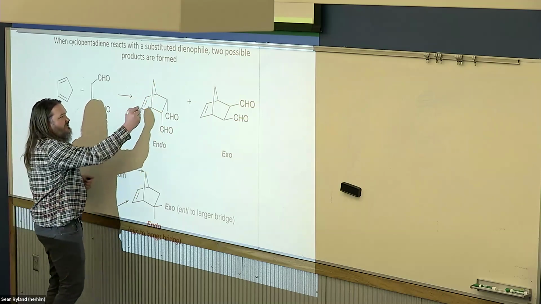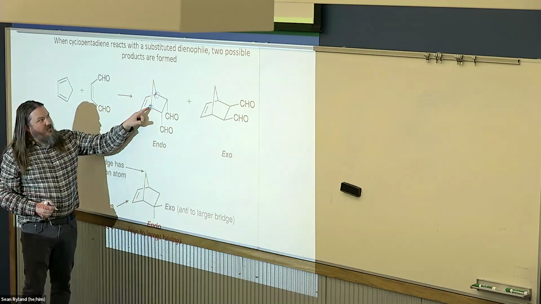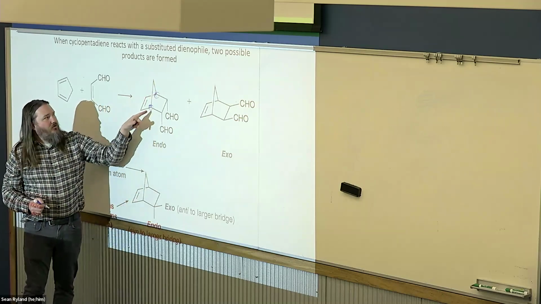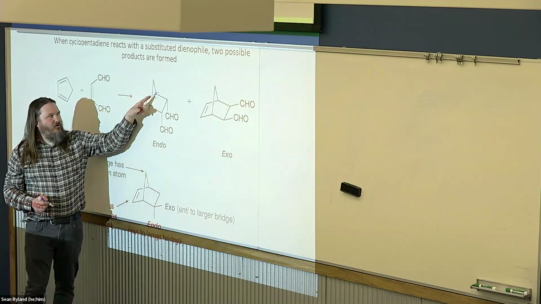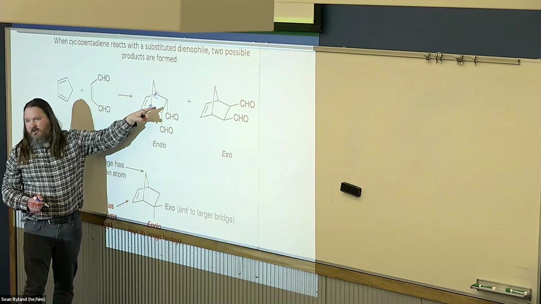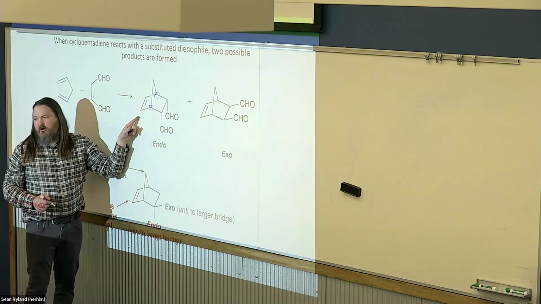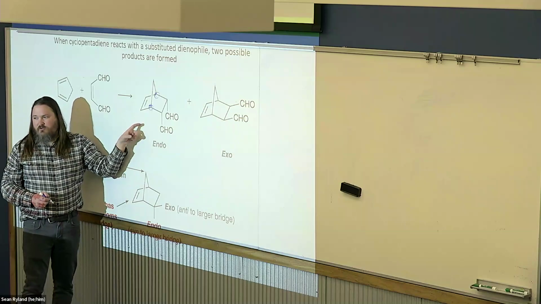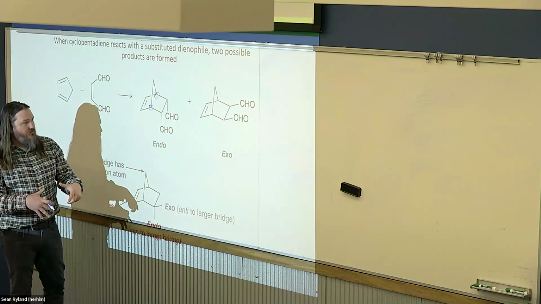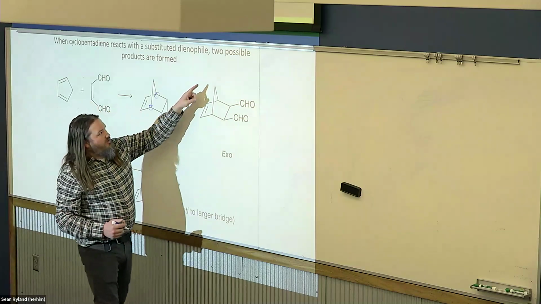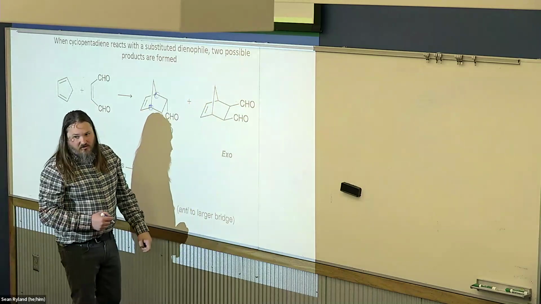So if we think of these two carbons as being constants, there's a linkage between these two circled carbons two different ways: the two carbon route or the one carbon route. If you're pointed towards the two carbon route, you're pointed towards the larger part of the molecule. That's what makes it endo. You're pointed inward towards the large piece of the molecule. And if you're pointed towards the short bridge, then that's considered exo.